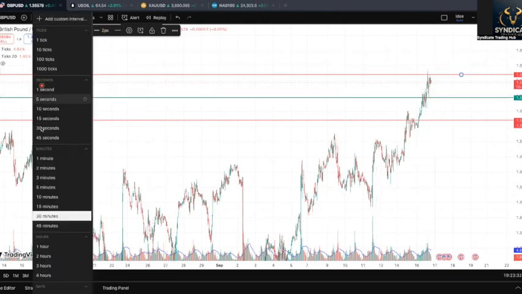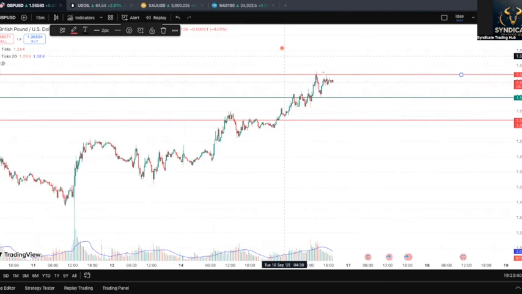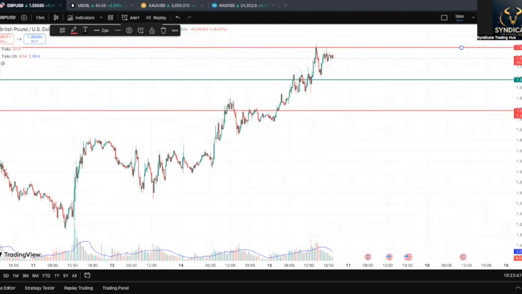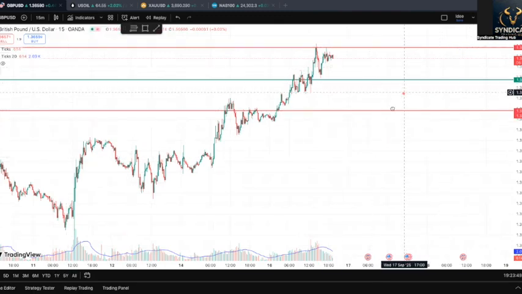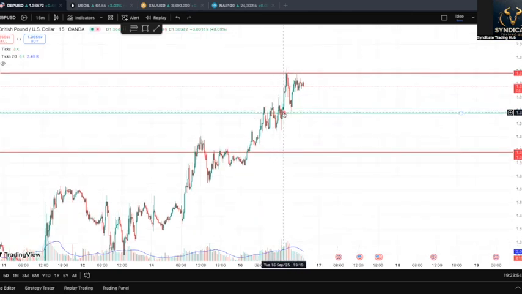So let's go to the 5 minutes or the 15 minutes if you want to trade. So this will be your entry that you are trading. When you come here, you are concentrated on where price is at the moment. You don't concentrate yourself with the other ones. If I'm trading today, on the 16th, I'm waiting to see how price will react, even tomorrow as we are going to the market.